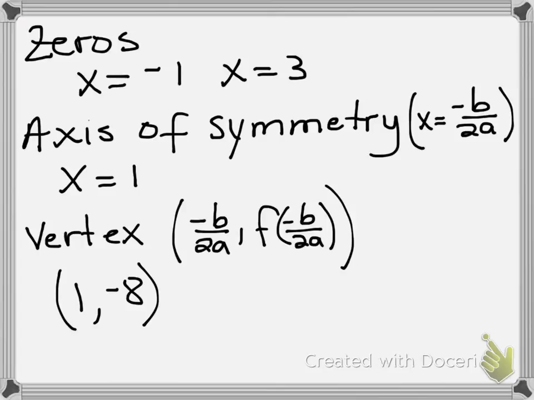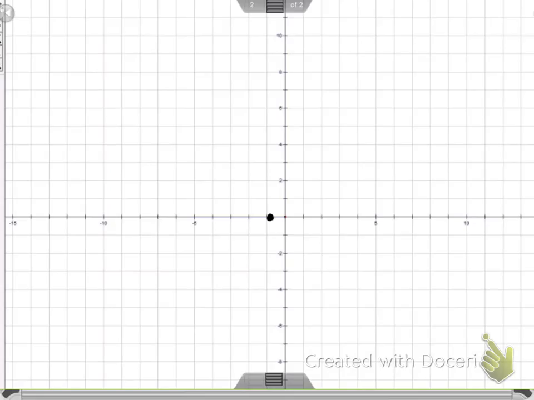That's the vertex. What we do at this point, we're going to use this information to graph. So, we're going to get a coordinate plane there. Okay? Now, what you see here is the graph.